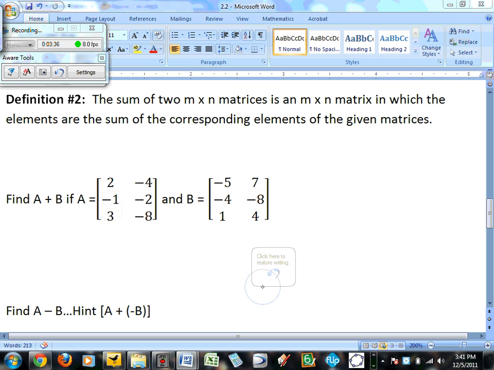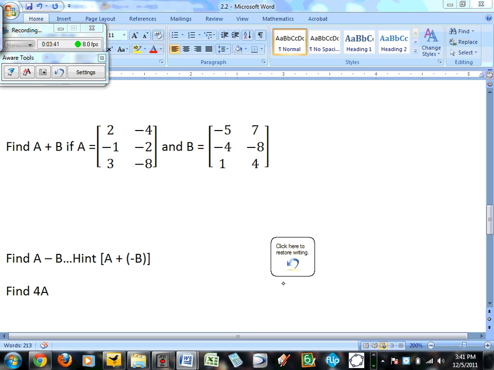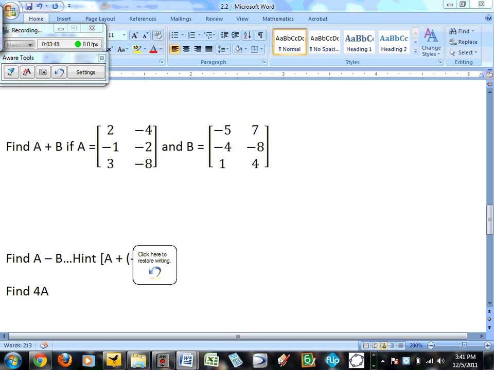All right. Now they're going to ask us to find A minus B. Well, that's easy enough. I gave you a hint: cross the line and change the sign to a negative. When we change a sign to a negative, we can just change every single sign in here and add.